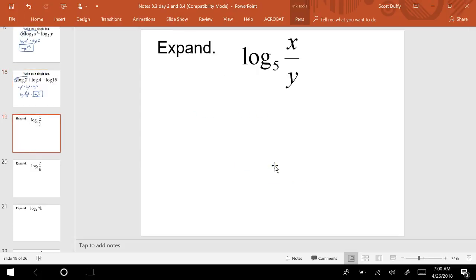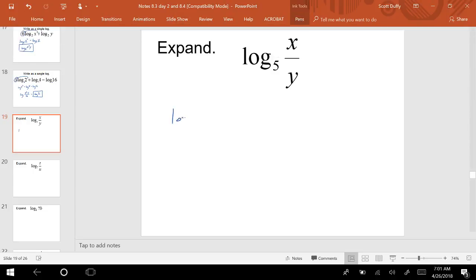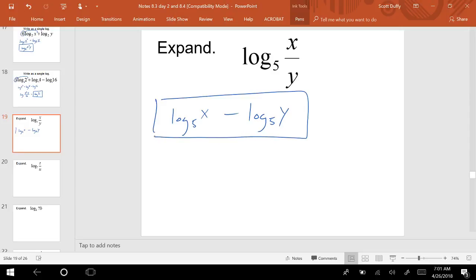Now we're going to expand. We have log base 5 of x divided by y. And when we're expanding, division turns into subtraction. So we can write it as log base 5 of x minus log base 5 of y. Same thing here.